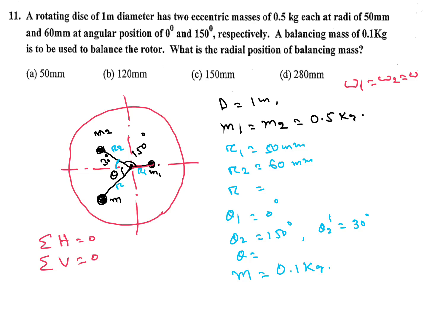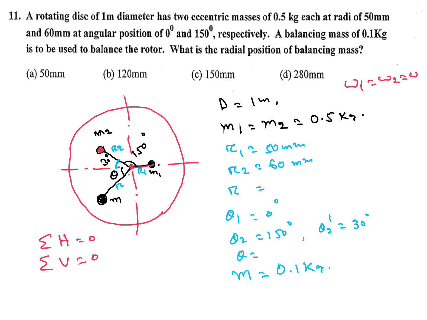Right side positive, left side negative from origin or 0. For M2 mass it will come as M2 R2 omega 2 square. This is minus, and for balancing mass M, we have to multiply by cos 30 degree, and for balancing mass M it's m r omega square into cos theta.